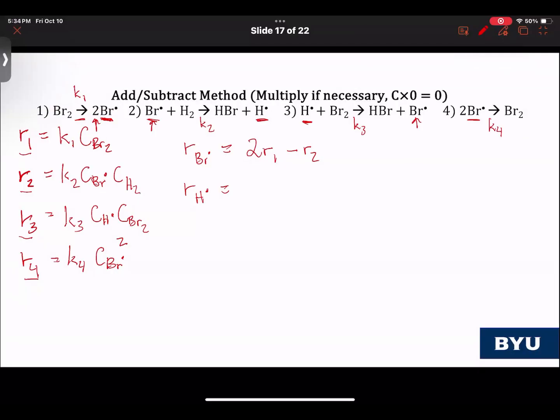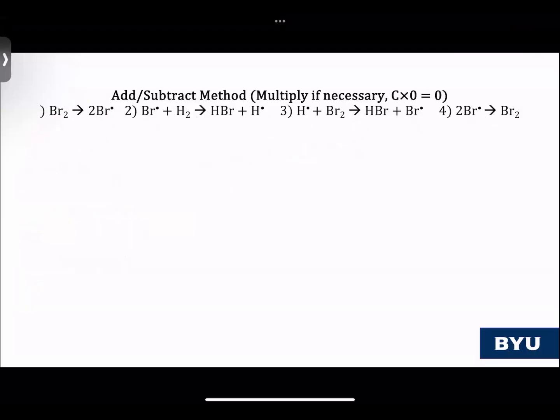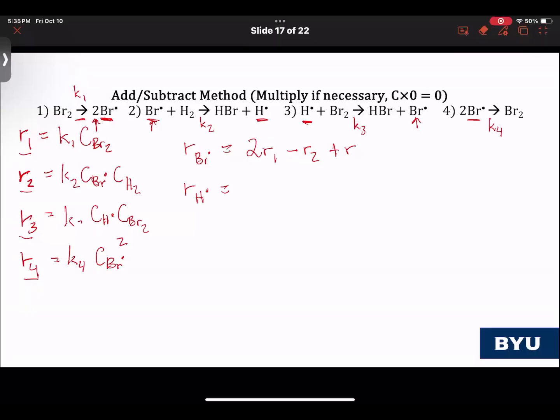Then in reaction 3, it's a product, so plus R3. And then we have 2 being consumed over here, so minus 2 R4.